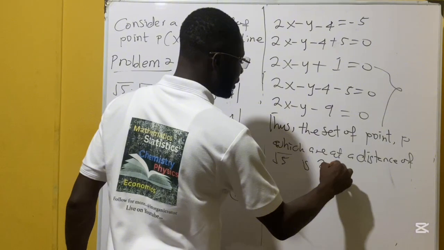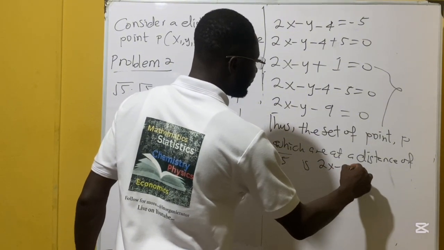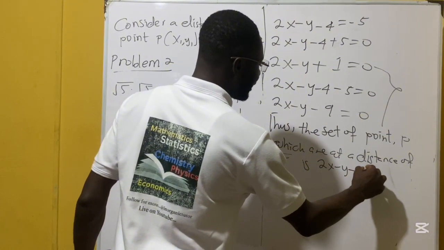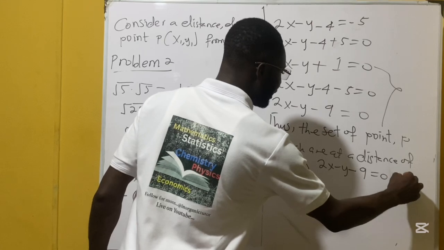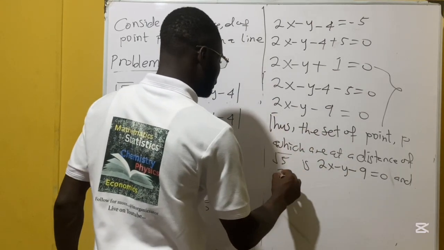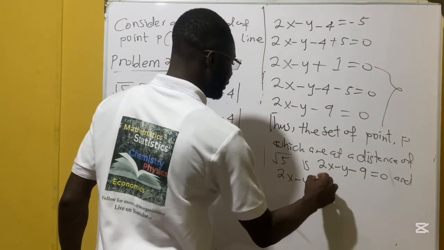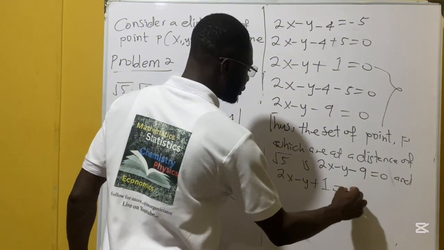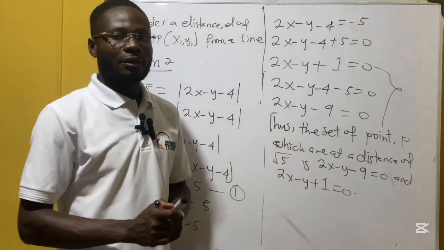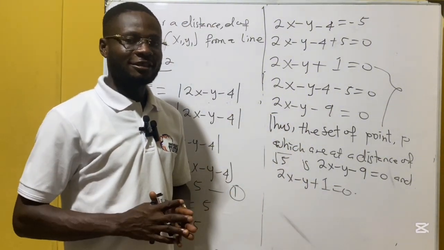That is 2x minus y minus 9 equals 0 and 2x minus y plus 1 equals 0. And that is it, right?